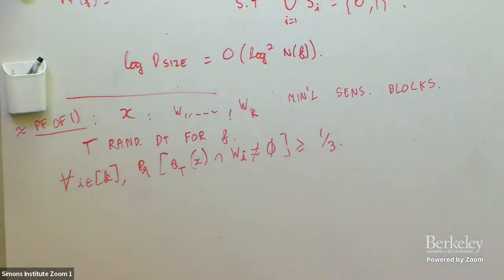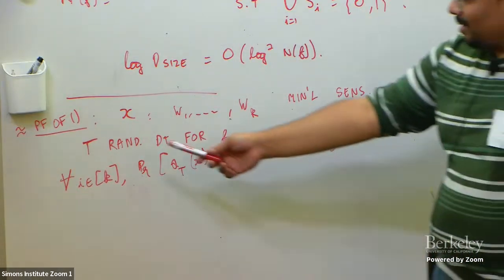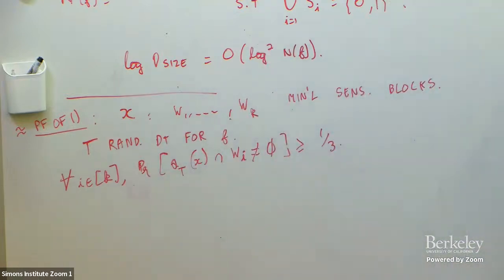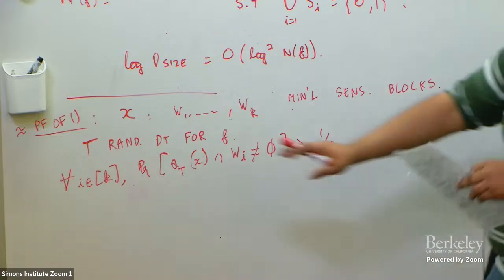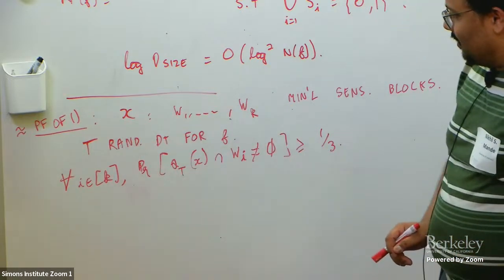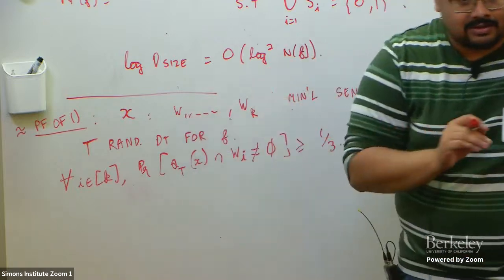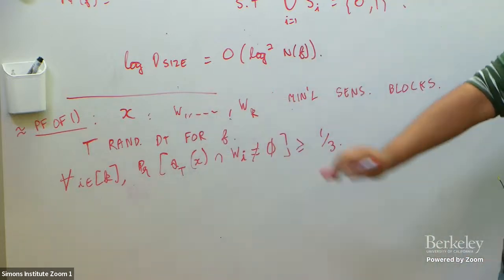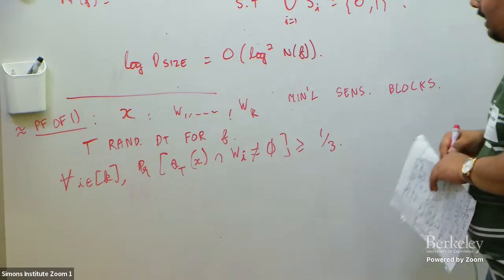So what we can do now is we can repeat T several times. What is several? It's log block number. And then we expect that for every X, we've hit all of its blocks. I'm not going to formalize this now. I can formalize it later.